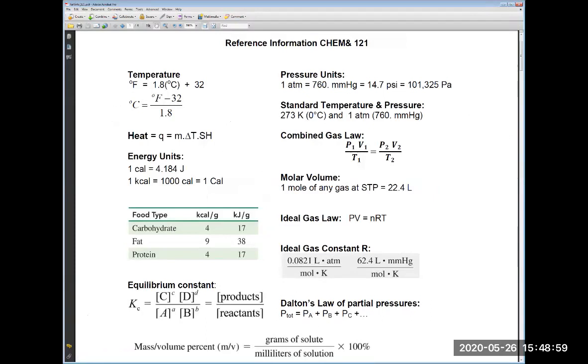Notice how everything that is in the upper left corner of this first page pertains to chapter 6, right? With the heat equation, the energy units, the food type, and the kilocalories per gram, depending on the food type. And then the equilibrium constant here. You have this formula there in case you need it.